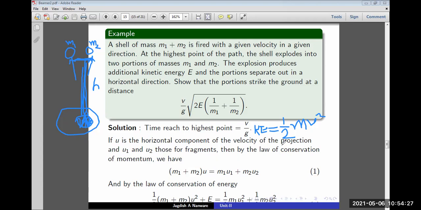So what is the law of conservation of energy? The kinetic energy due to the linear momentum at initial stage is the same as the sum of the kinetic energy at final stage. And therefore, you can have half m1 plus m2 u square plus E, where E is the additional kinetic energy that we are going to consider here, equal to half m1 u1 square plus half m2 u2 square.